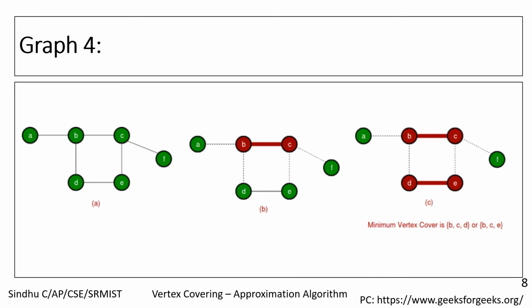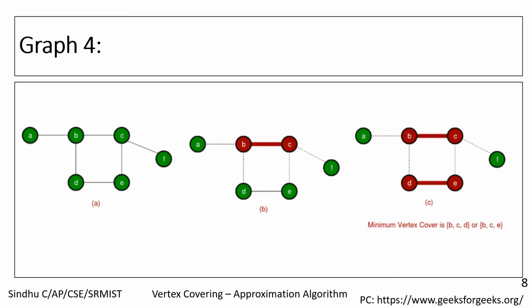Consider this example where we have 6 vertices and 6 edges. The 6 vertices are A, B, C, D, E, F, and the 6 edges are AB, BC, CF, CE, DE, and BD, right? Now we can choose any edge. So let us pick BC because it is lying in the middle.